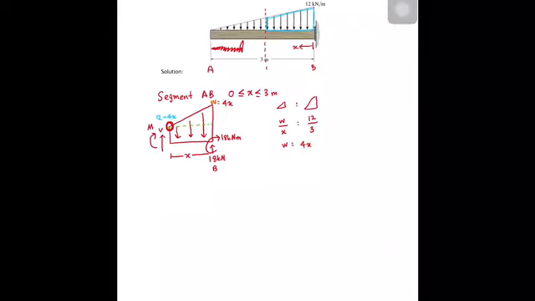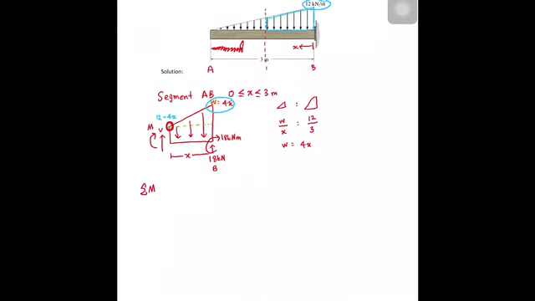So you do the ratio, and when you do the ratio, you will get this magnitude. For the UDL magnitude, you take the original 12 minus the ratio here, then you have the magnitude of the UDL. Okay, so let's solve this one.